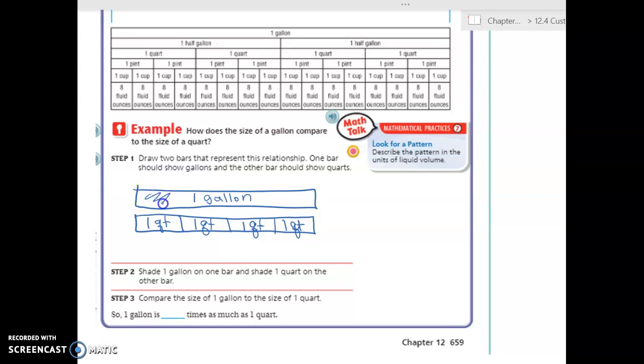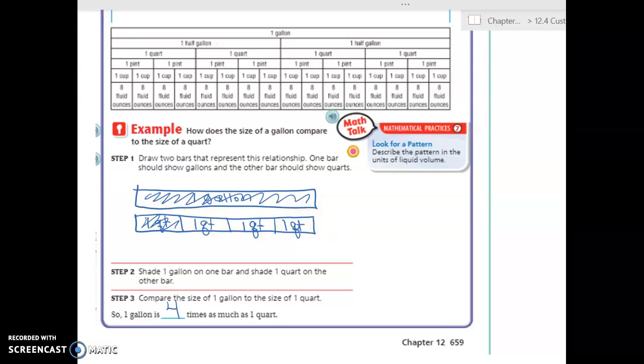What they mean is to shade that here and shade one of these. So 1 gallon and then 1 quart. So compare the size of 1 gallon to the size of 1 quart. So 1 gallon is 4 times as much as 1 quart because there's 4 of them.